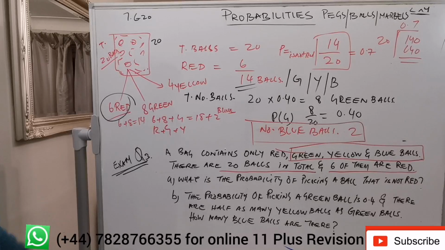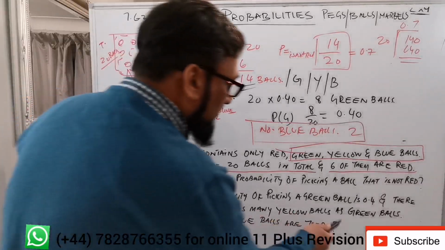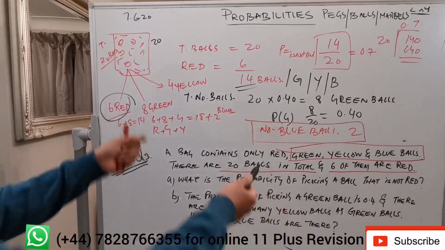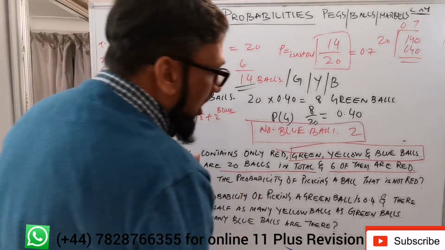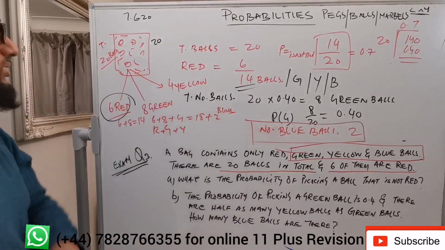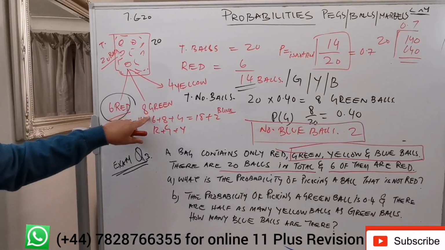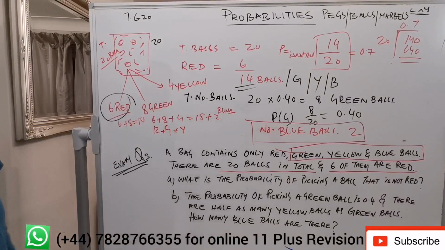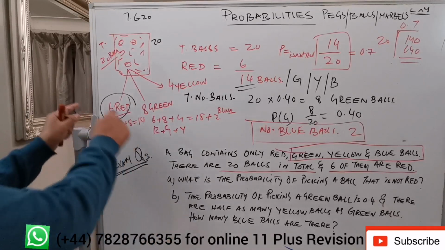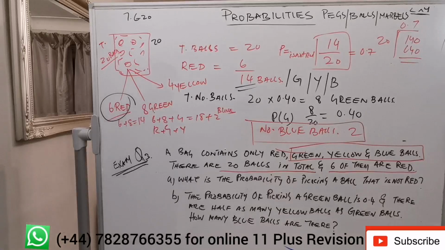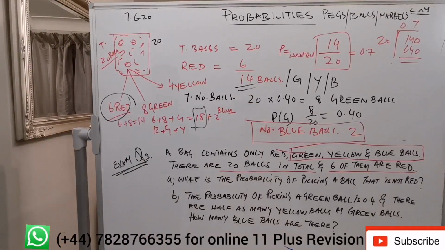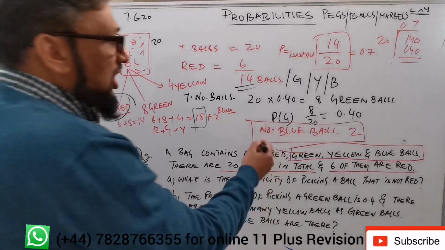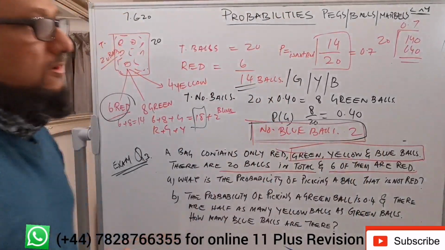And after that, they said there are half as many yellow balls as green. Green are 8, so yellow will be half of green, which is 4. I just halve the green balls to make it 4, and add up the red, green and yellow to get 18. And 18 is subtracted from the total of 20 balls. So the remaining will be blue, which are only 2 balls. So that's the final answer.